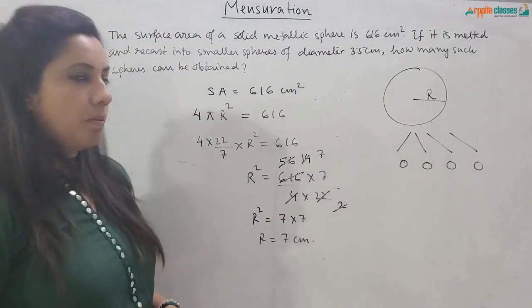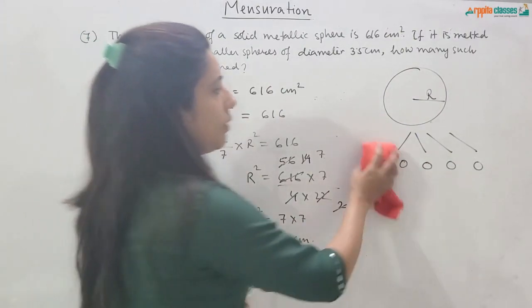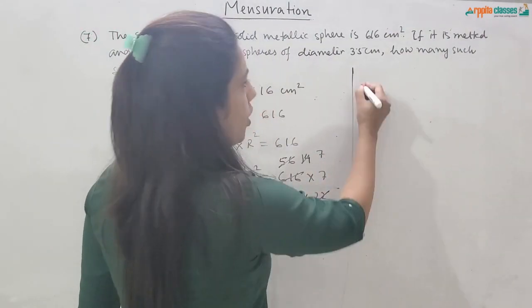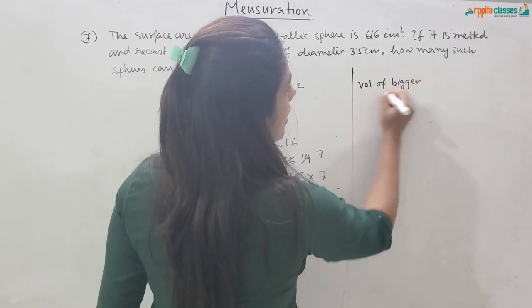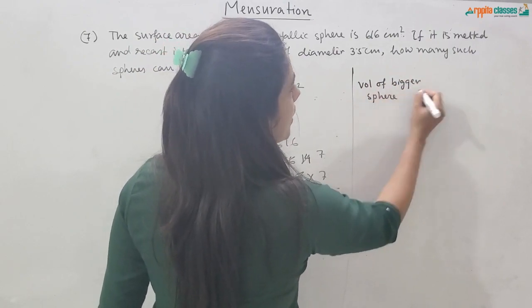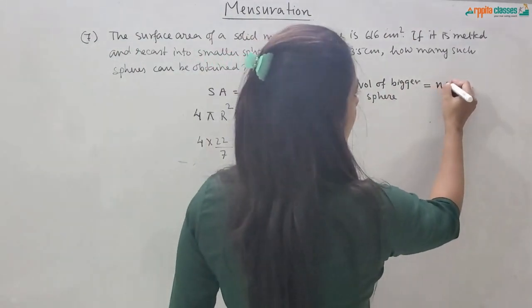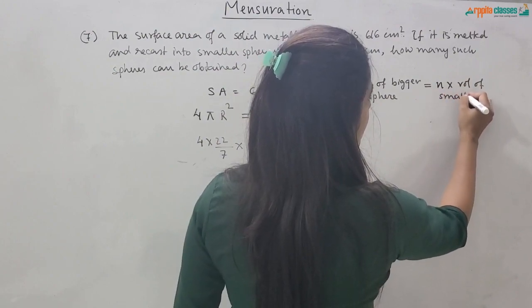Now this sphere is melted and recast into smaller spheres, so again the volume of the spheres will remain the same. We'll write volume of bigger sphere is equal to, considering n number of smaller spheres are formed, n into volume of smaller sphere.